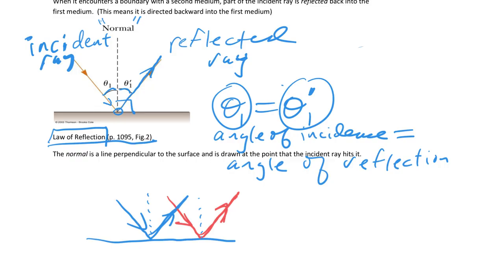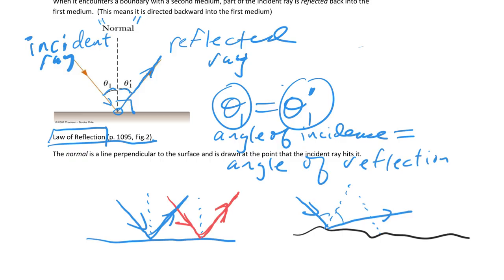But if the surface is rough, the normals aren't going to be parallel to each other. Right here would be this normal, and right here would be this normal. So a ray hitting here, let's say from this angle, would have the same angle of reflection, so it would come off like that.